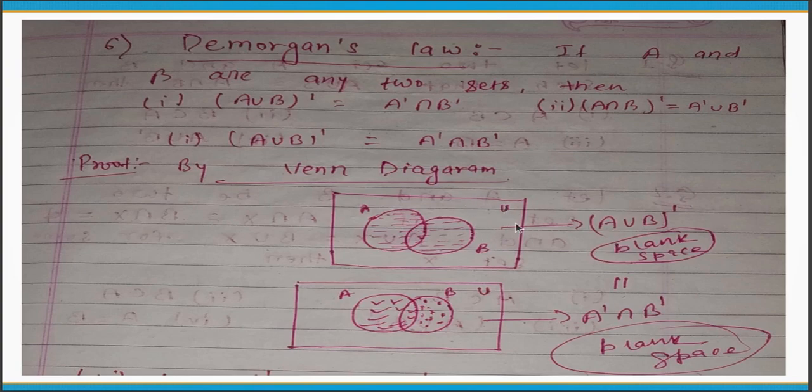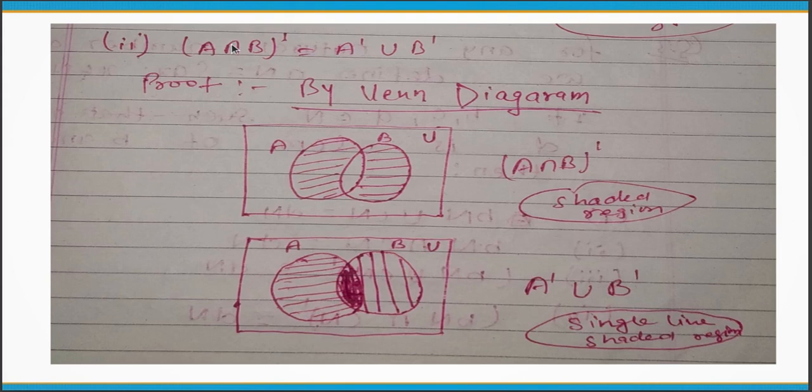Now prove this way. A union B complement: A union B, then the blank space remaining, A union B complement, means universal set minus A union B. Now similarly A complement intersection B complement, A complement and intersection B complement. B complement intersection means the blank space of universal minus A, universal minus A union B complement, whole set.